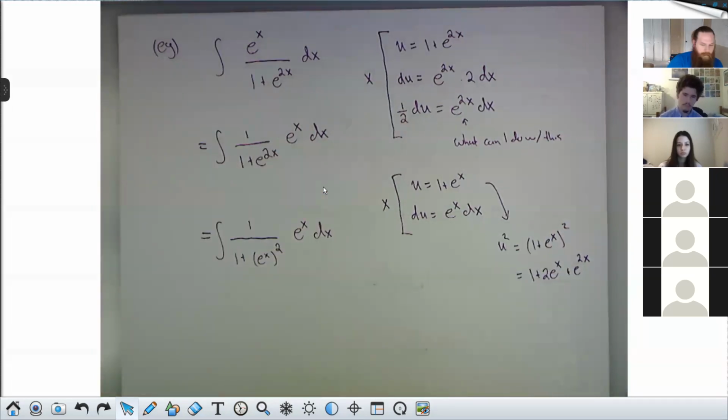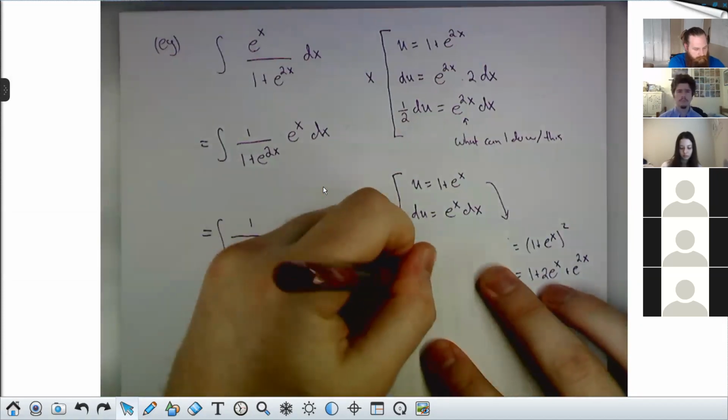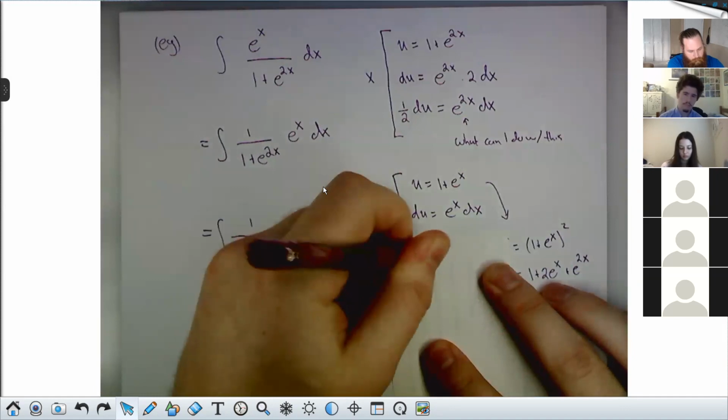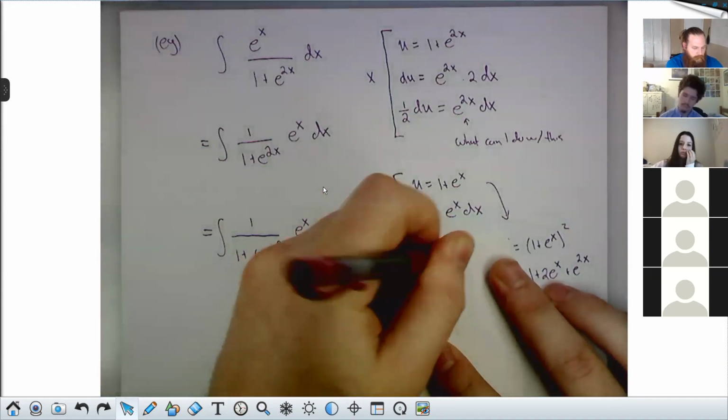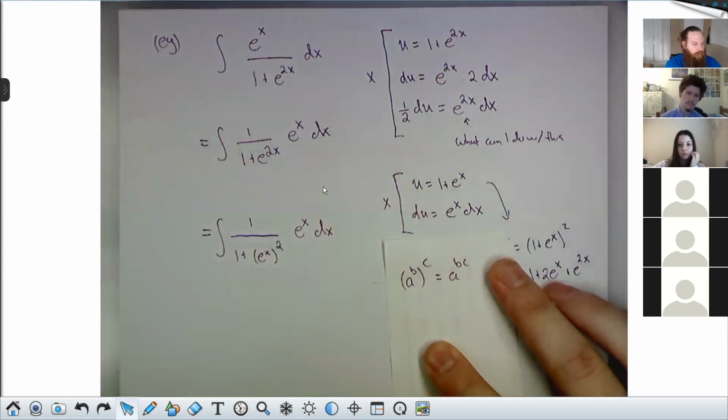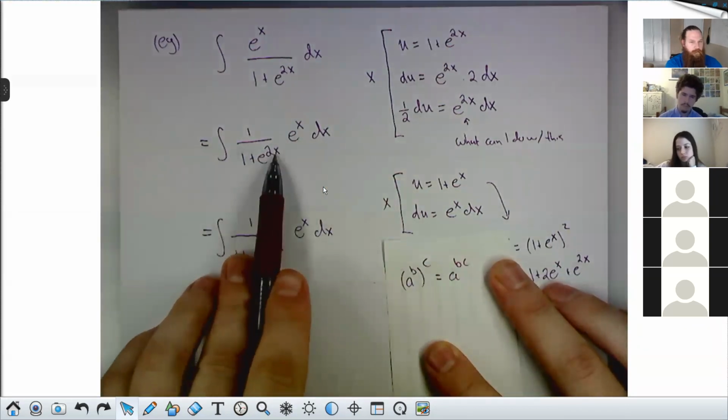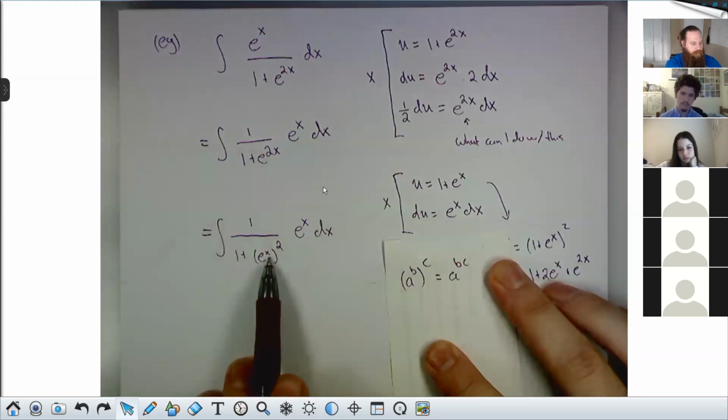Remember, there's this rule from algebra that says a to the b all raised to the c is the same as a to the b times c. So e to the 2x is the same as e to the x all squared.